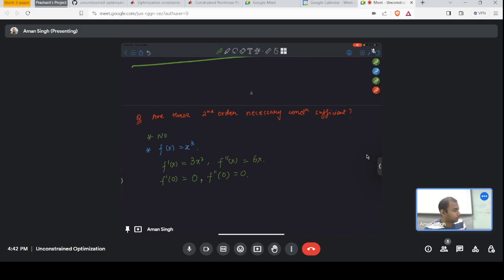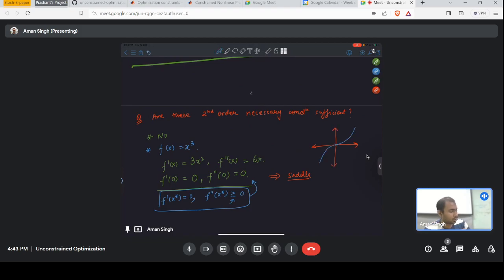So f dash x star is 0 and f double dash x star is greater than or equal to 0. This satisfies the second order necessary condition, but actually it's not a minima, it's a saddle point, as we all know, right?